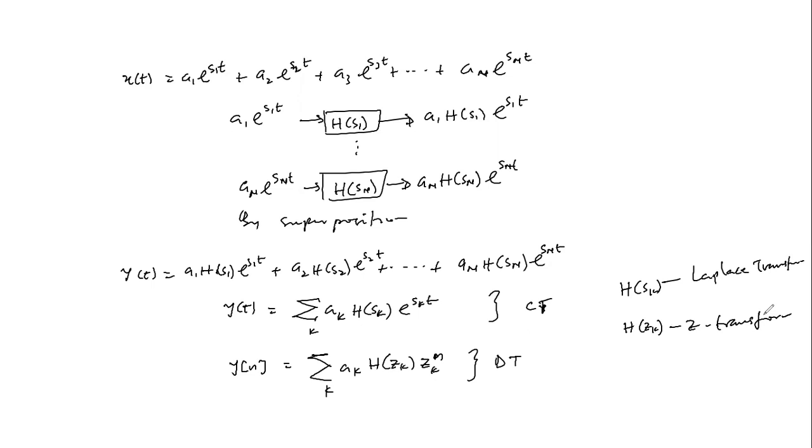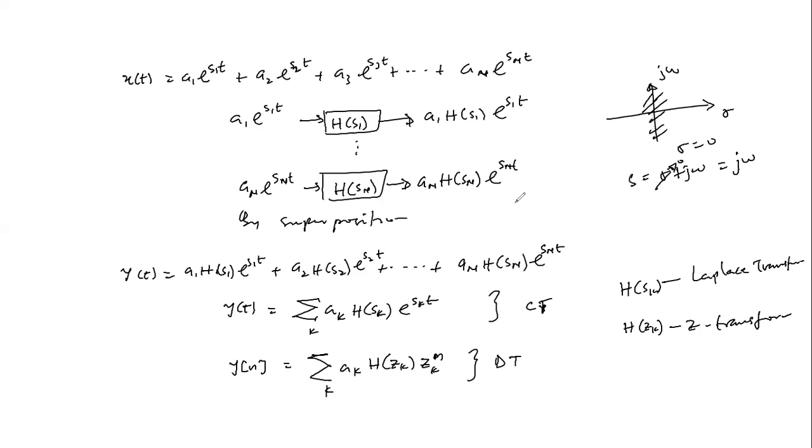So when the Laplace transform is evaluated along the j omega axis, that is, we have the s-plane, sigma, j omega, such that sigma is equal to 0, then s, sigma plus j omega, will be equal to j omega. Sigma reduces to 0, that is the damping factor reduces to 0.